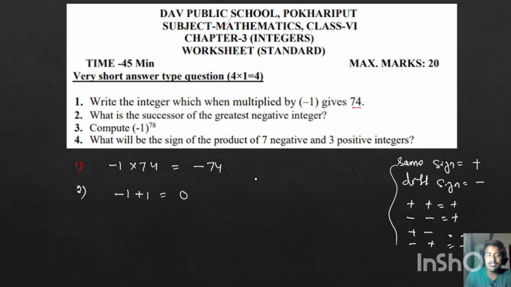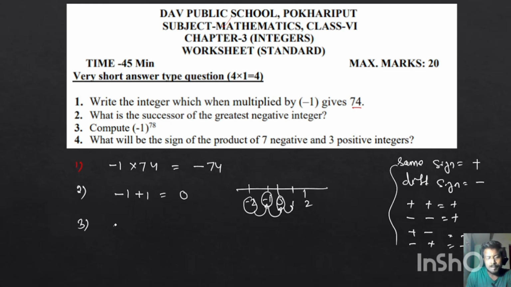For negative numbers, when we find the successor, we simply write the next number on the right. Suppose this is a number line, here is 0, -1, -2 and 1 and 2. The successor of -2 is -1, the successor of -1 is 0, and the successor of 0 is 1. Understand?